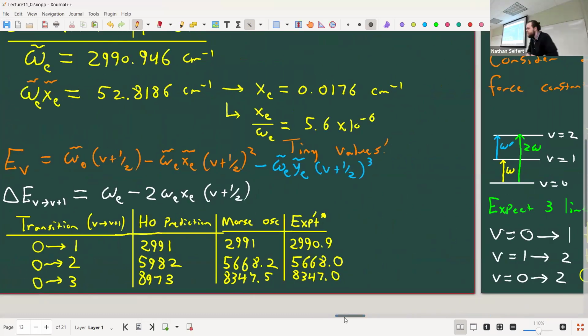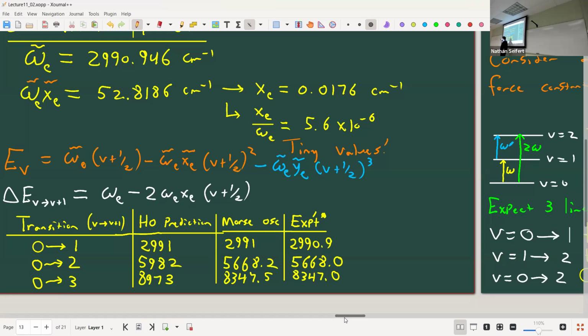Way back here, I gave you experimental transitions. For the fundamental, it should be a very bright transition, and it very much is. Typically in PChem labs we actually study this. I just don't like dealing with HCl, so we don't do it. These are overtones, 0 to 2.